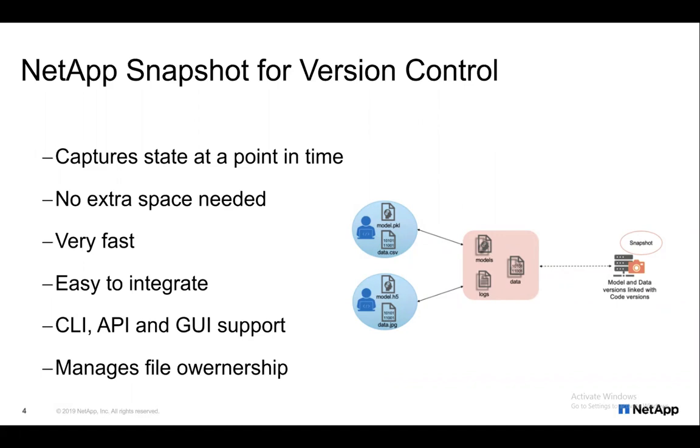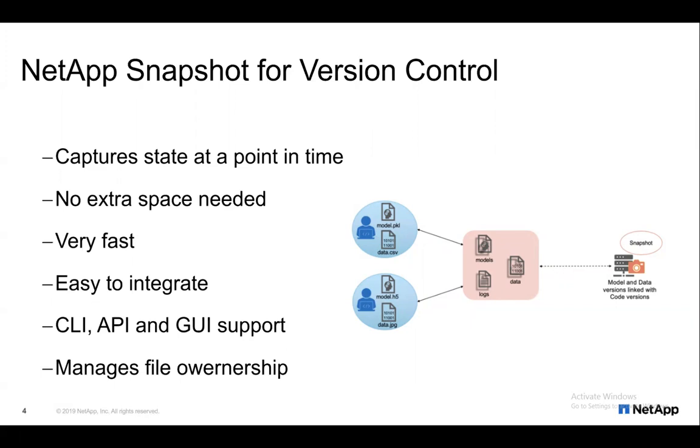As a data scientist, we don't need to change our existing setup in order to incorporate snapshots for machine learning versioning. NetApp Snapshots by design have support for a CLI, API, as well as a graphical user interface, which makes it easy to automate the whole process and integrate with our existing applications.